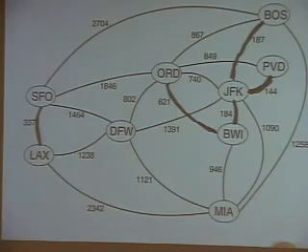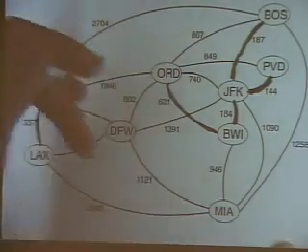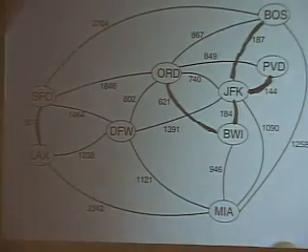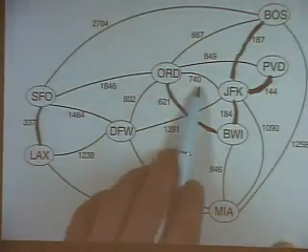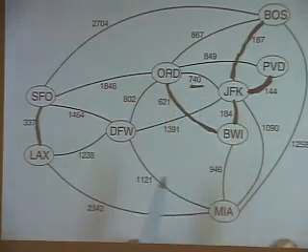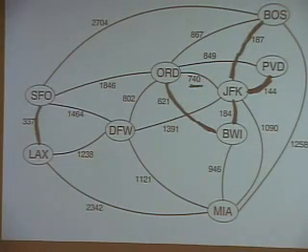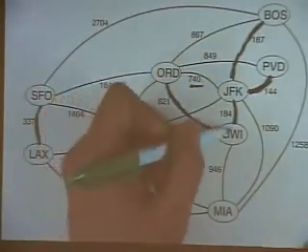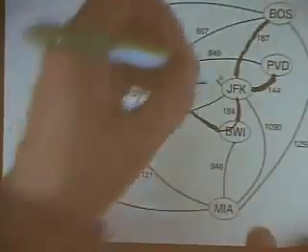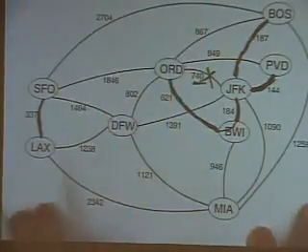Let's see, is 740 next? Okay, so 740 would be our next edge, but this is our first loop. See, ORD and JFK are already connected to each other by a path that goes through BWI. So we cannot add this edge. This edge does not get added to T.